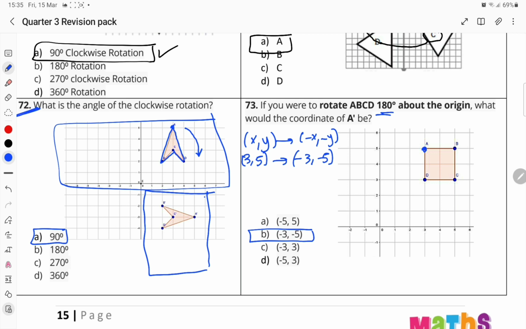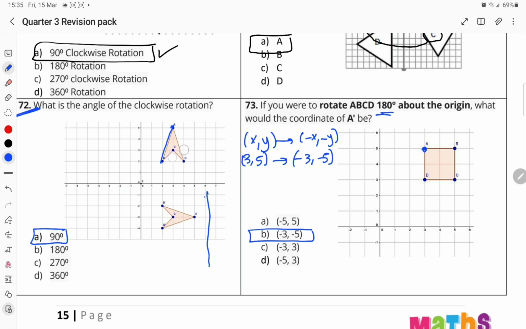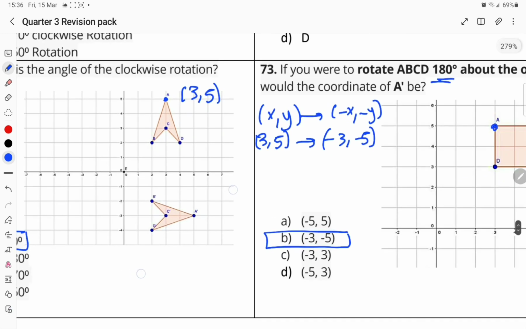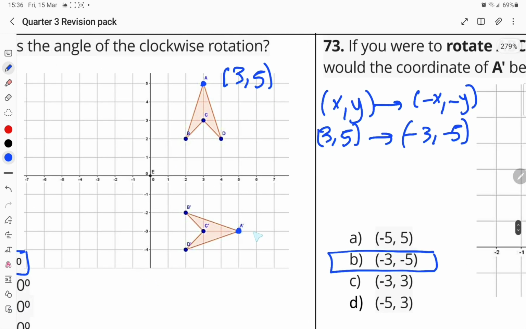Mister, in 72, if I don't have a tracing paper, how do I know what rotation happened? What is the point A? 3 and 5. It is at X is 3 and Y is 5. And where is A prime? 5 and negative 3. Immediately when you find switching in the numbers, this means 90 or 270. So this is 90 degrees.